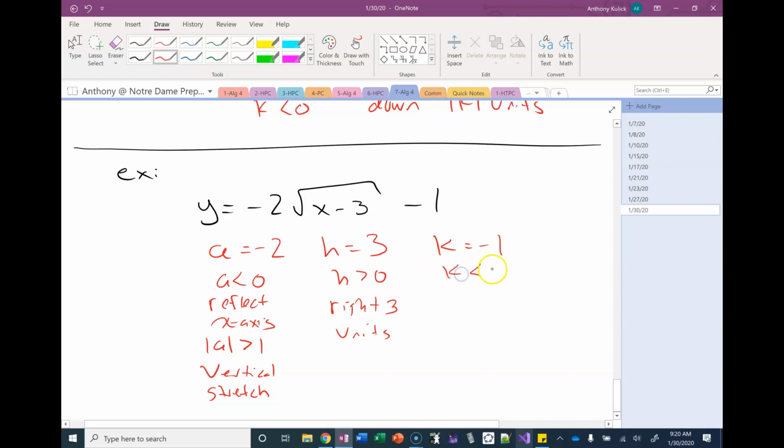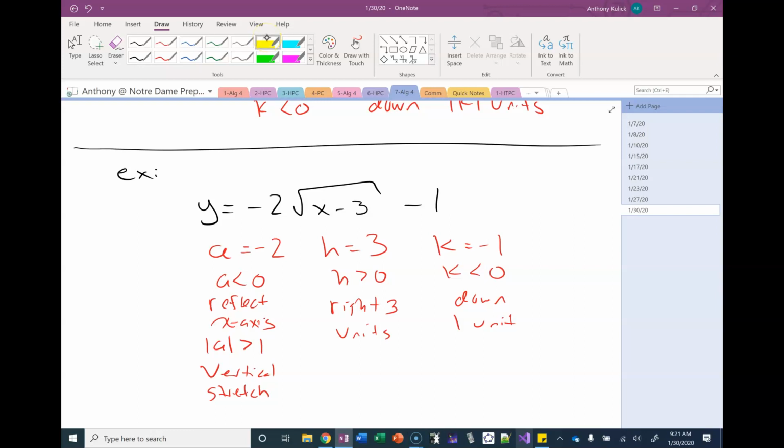And because K is negative, we're going to go down 1 unit. Does everybody feel okay with this? As just a refresher, right? We did this a bunch first semester, and we're going to do it a bunch more this semester, but it doesn't hurt to walk through it again rather closely. Okay? All right.